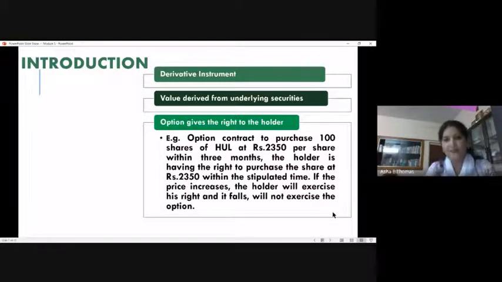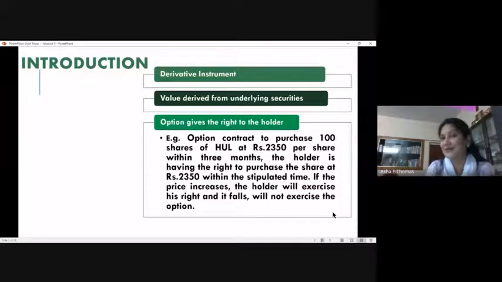But actually, if it's the case of 2,350 and the spot price on the future settlement date is 2,450, it means that Mr. A is able to purchase 100 shares of HUL at 2,350 per share, which is actually trading in the market at 2,450.